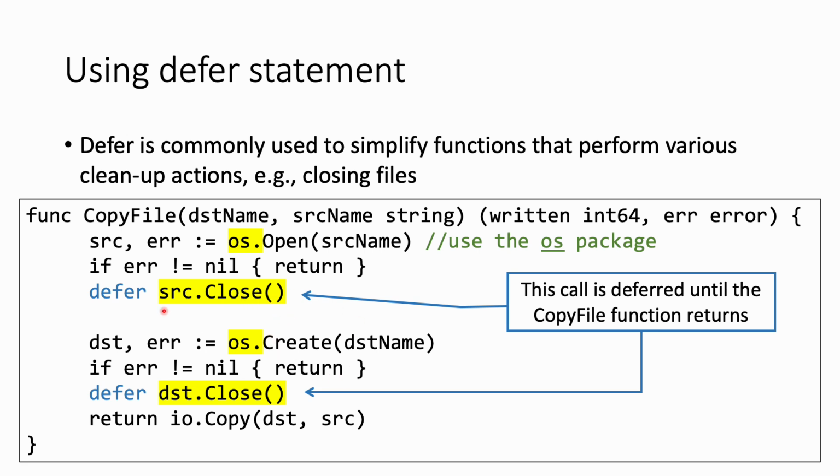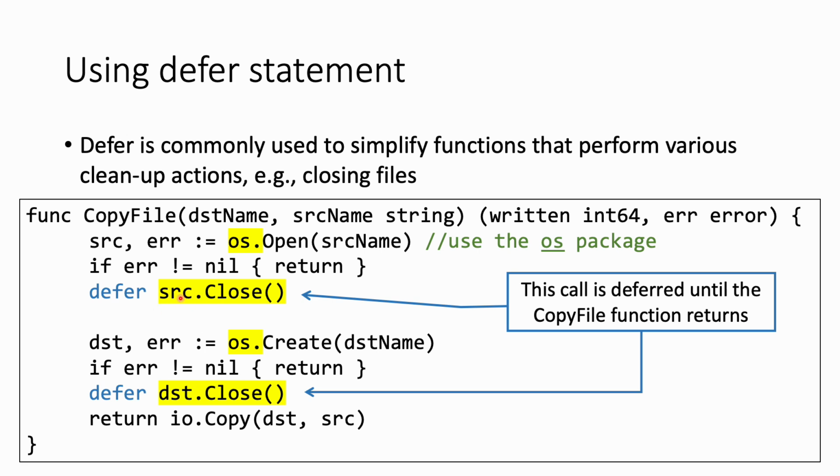In addition to closing files, a defer statement is often used with other paired operations like connect and disconnect, lock and unlock, to ensure that resources are released in all cases, no matter how complex the control flow.